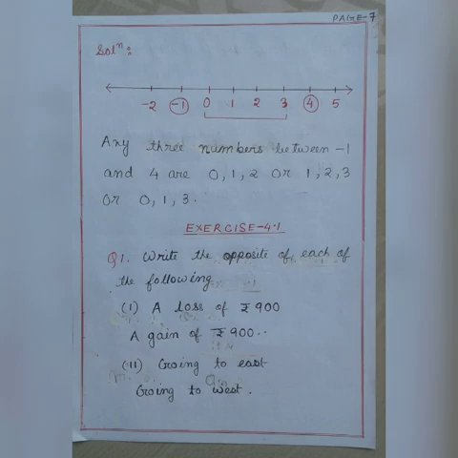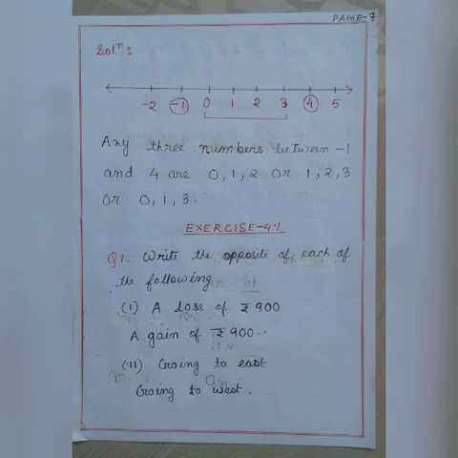Now let us do some exercises from exercise 4.1. Question number 1. Write the opposite of each of the following. As I have given you the list, from the list you can write a loss of rupees 900. I have to write the opposite of the given statement.